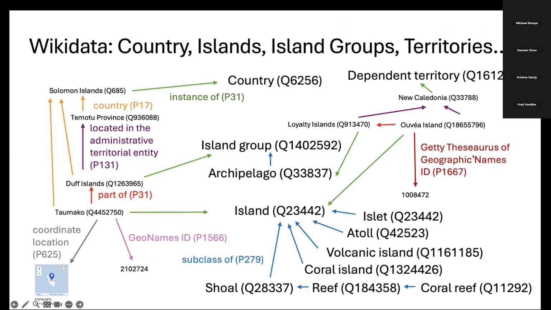Wikidata also has countries, but you do have to distinguish what is a country, like the Solomon Islands, and what is a territory, because it affects how you do your queries. And you have islands and island groups, and you do have different types of islands.